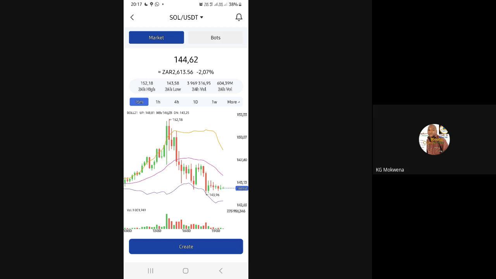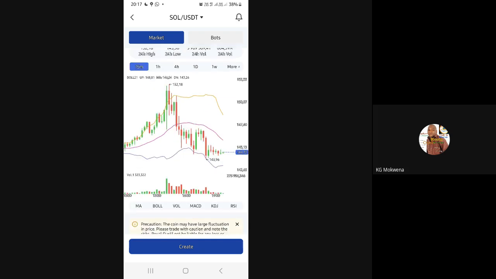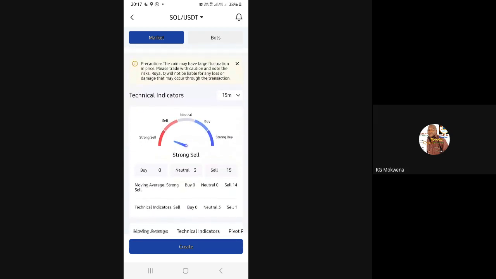So now, at the moment, if you may please just push the page upward again, and then we're going to see. Now, you can see, business partners, under our dashboard, the dashboard of the technical indicators, it shows us that it's a strong sell at the moment.